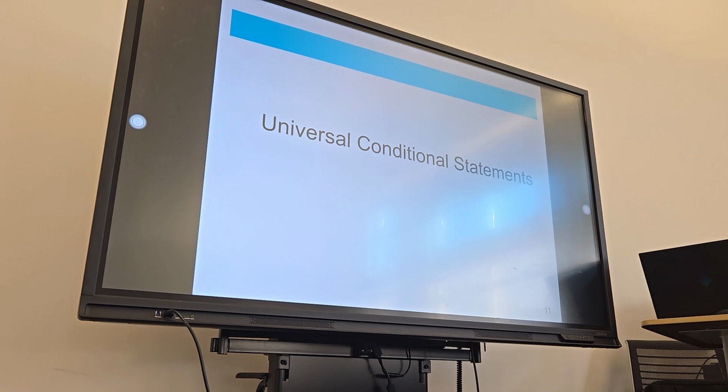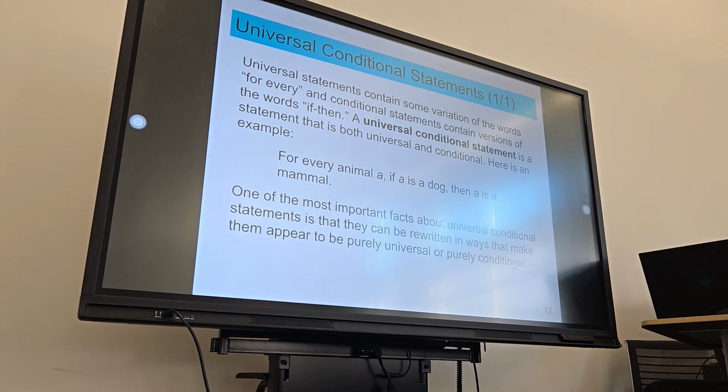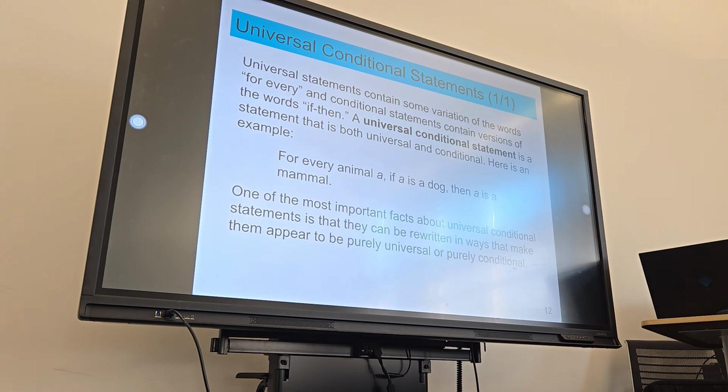Now you can combine these to make various compound statements like universal conditional statements. Universal conditional statements contain some variation of the words "for every," and conditional statements containing versions of the words "if, then." It's both universal and conditional.